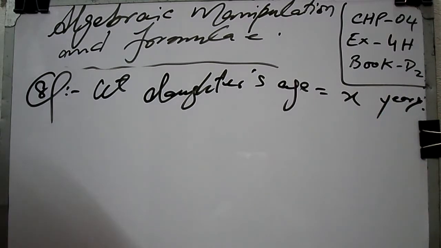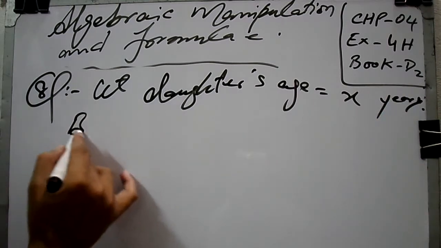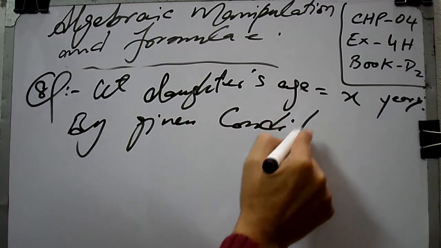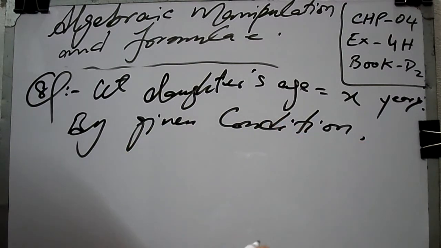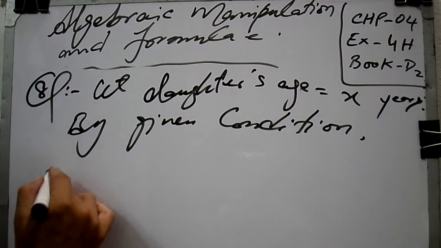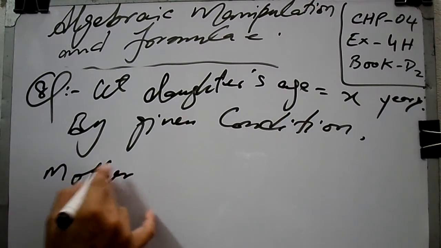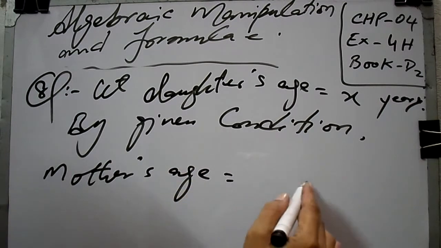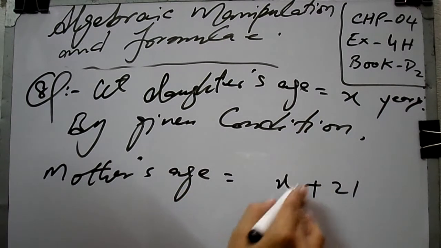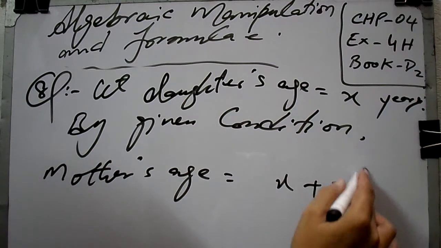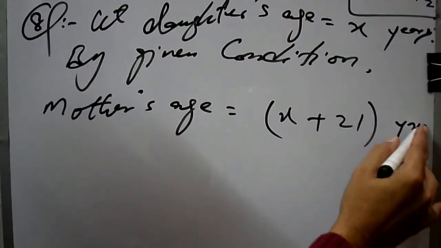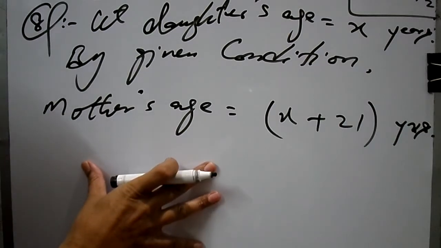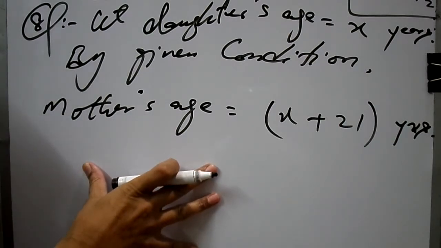So by given condition, the mother's age is 21 years more than the daughter's, so that is x plus 21.